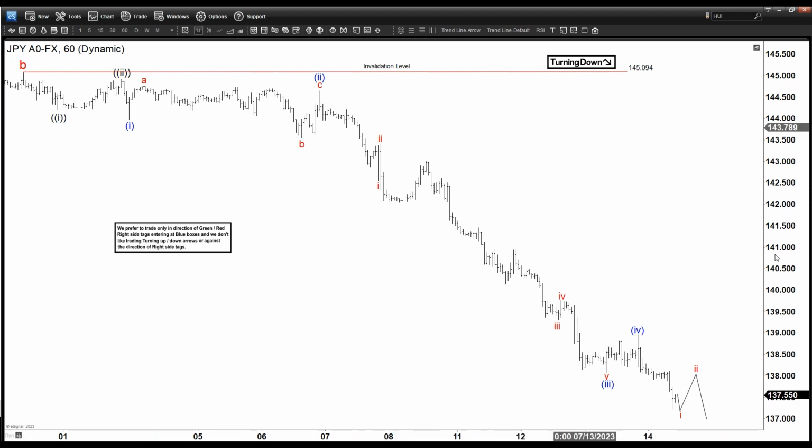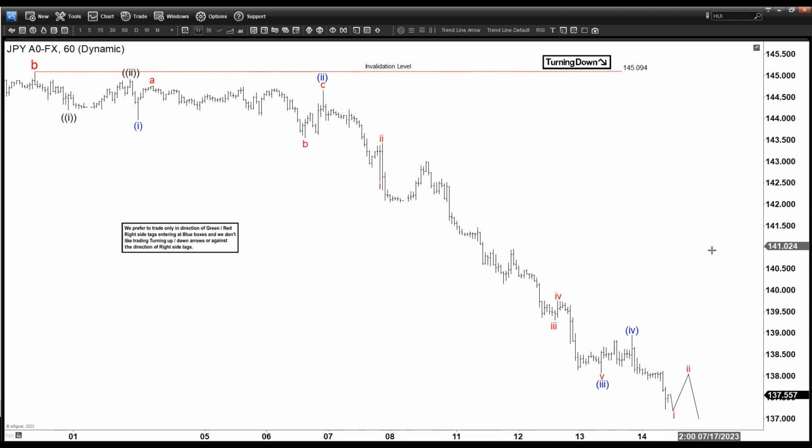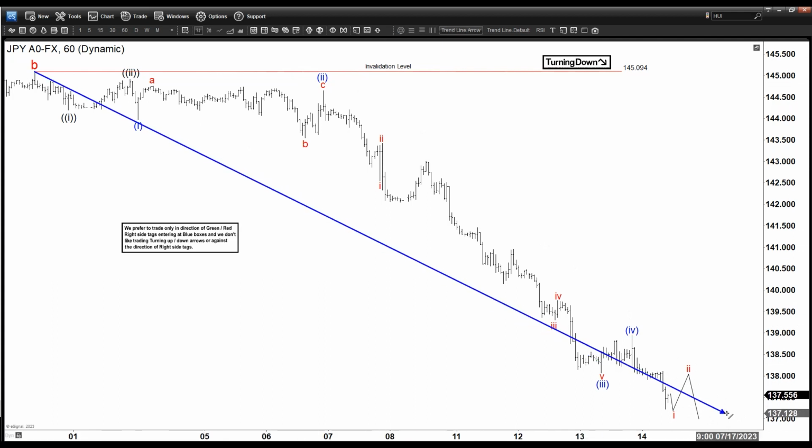So the key is you have to be able to see some sort of decent correction if you want to try to trade it. So based on discount, yes, we can continue to see a few more lows before we finish this cycle from here as a 5 waves.